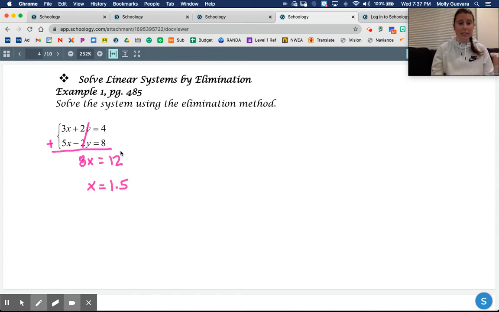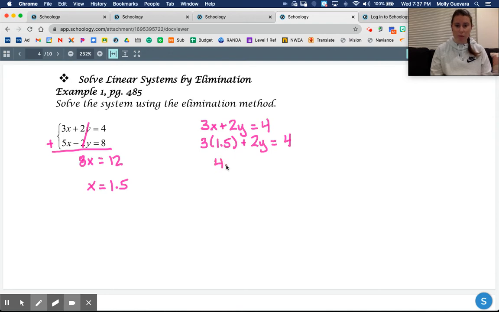Once I know what x is, I just pick one of these two equations and plug it back in. I'm going to use the top one just because they're all positives. So that kind of seems like maybe it's easier, but it doesn't matter. You'll get the same answer either way. So 3 times 1.5 plus 2y equals 4. 3 times 1.5 is 4.5 plus 2y equals 4.